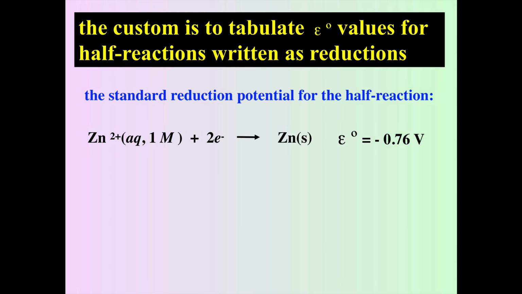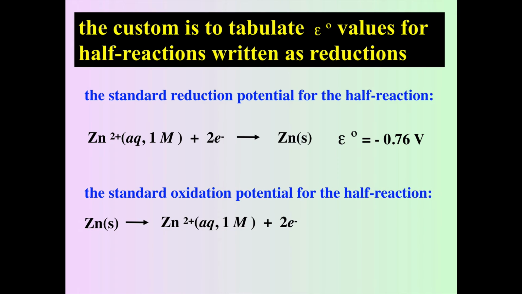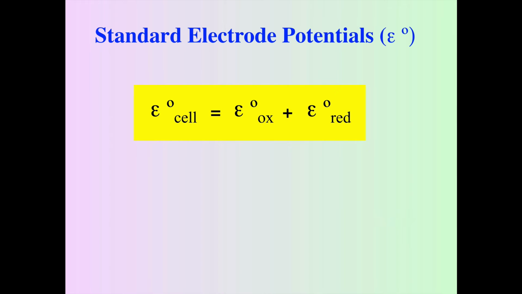So if this is a reduction potential, spinning it around makes it an oxidation potential, and you change the sign in order to make it an oxidation potential. So I don't need a list of oxidation potentials. I've got a list of reduction potentials, so I can get the oxidation potential for the product. Add the oxidation potential to the reduction potential to get the voltage for the cell, right?